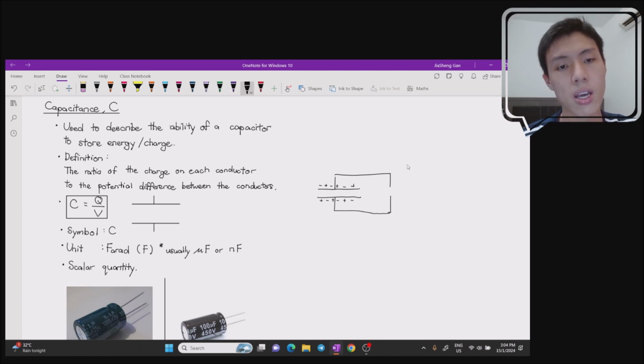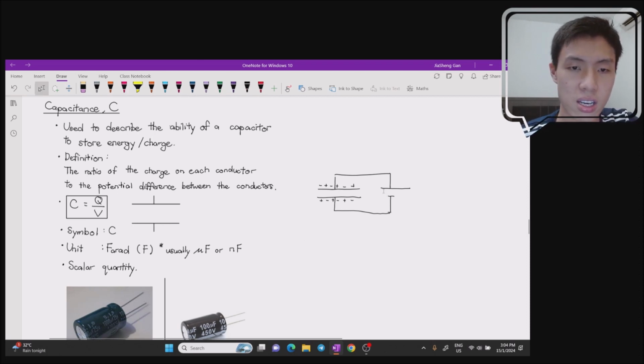But what happens if I connect it to a battery, let's say with the positive terminal above and the negative terminal below? At this point you essentially have a pump connected to this capacitor. You'll be moving the positive charge from low potential to high potential.